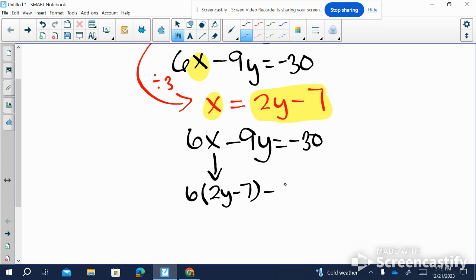And everything else comes down. So minus 9y equals negative 30. Now, instead of having two unknowns like we did over here, x and y, now we only have one unknown. Now all we have to figure out is what is y.